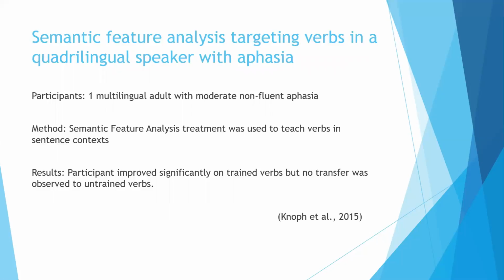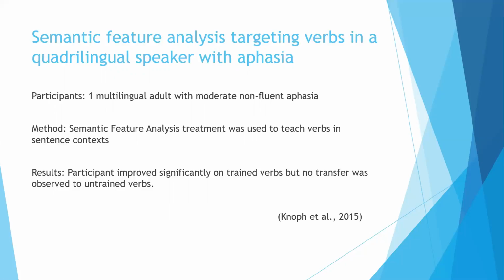Lastly, we have an article from 2015 using semantic feature analysis to target verbs in a quadrilingual speaker with moderate non-fluent aphasia. This individual spoke Japanese, English, German, and Norwegian.